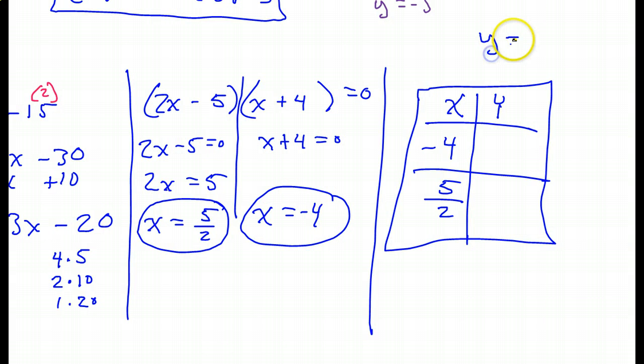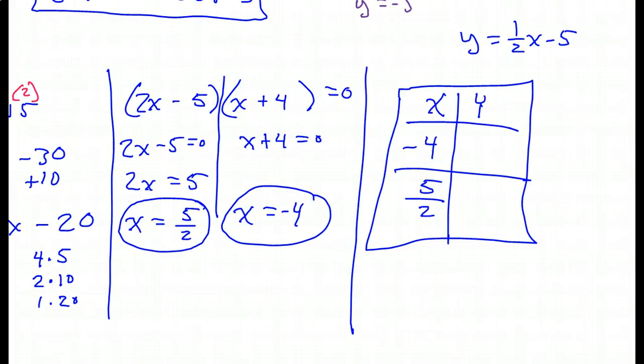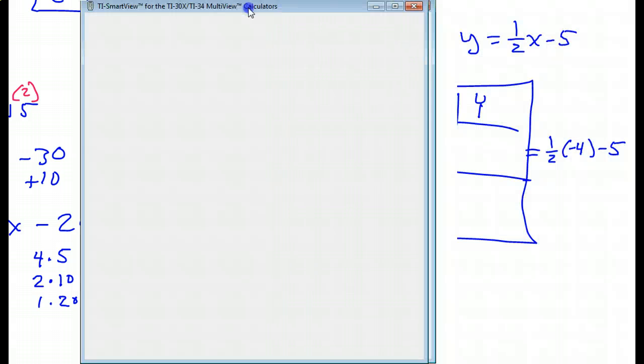So y equals 1/2 x minus 5. For this one, that's going to give me y equals 1/2 times negative 4 minus 5. Half of negative 4. You know what? Let's just put this in a calculator. I mean, I can do it, but a lot of you would make mistakes.